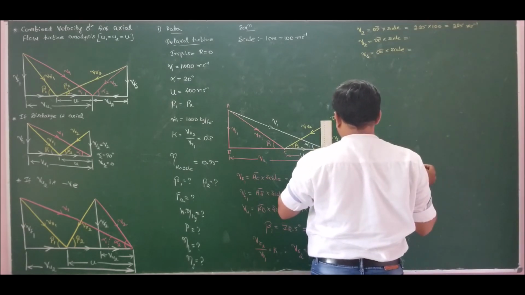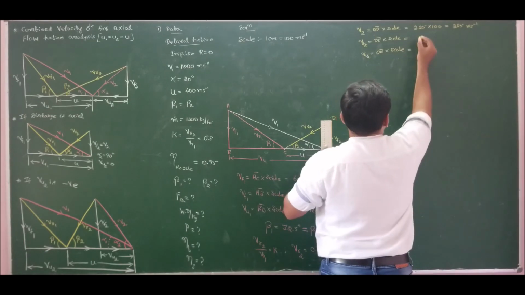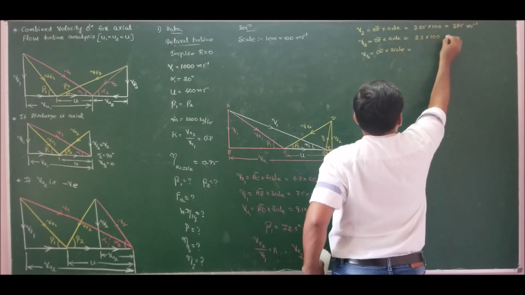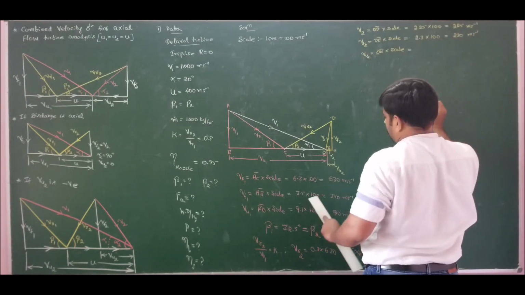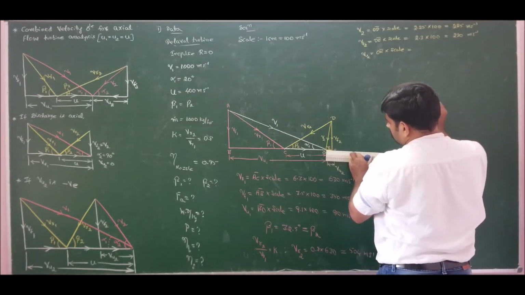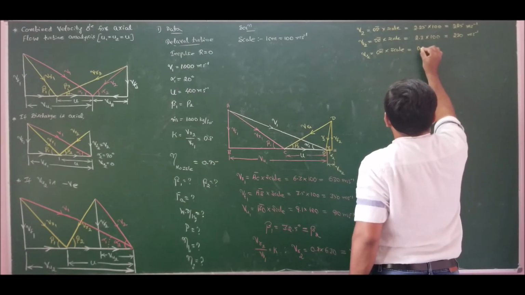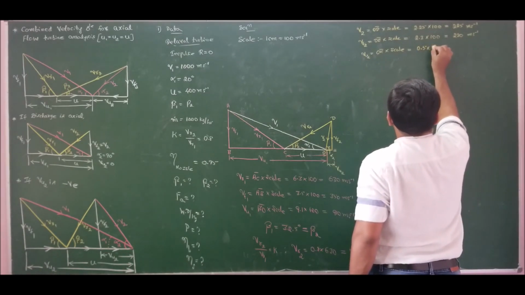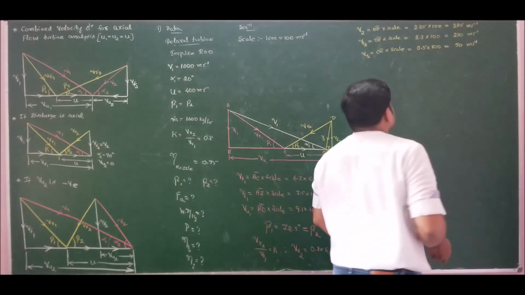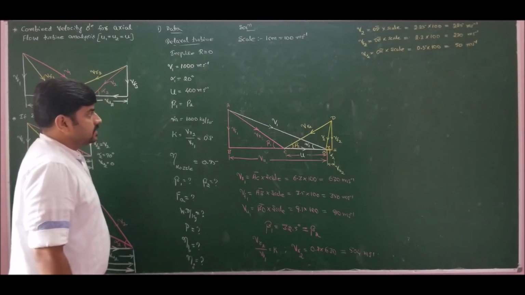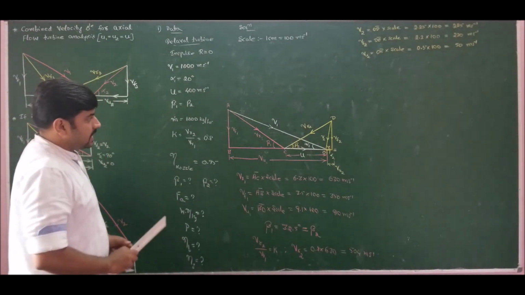If I measure VF2, I will get VF2 as 2.3 centimeters, 230 meters per second, and VU2 as 0.5 centimeters, that is 50 meters per second. So this completes all the velocities and angles. Now we can calculate whatever he has asked.